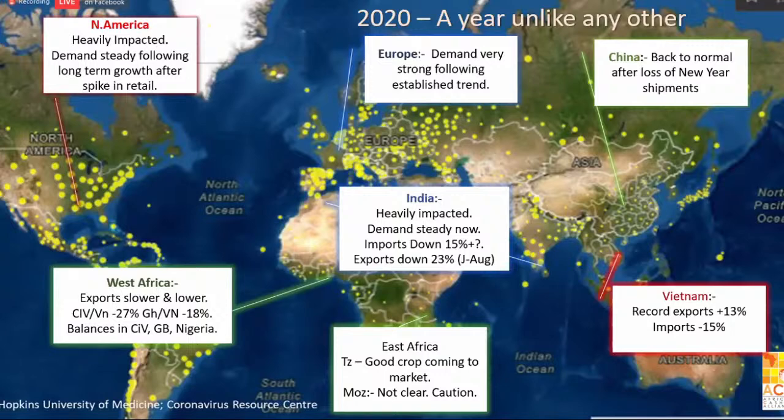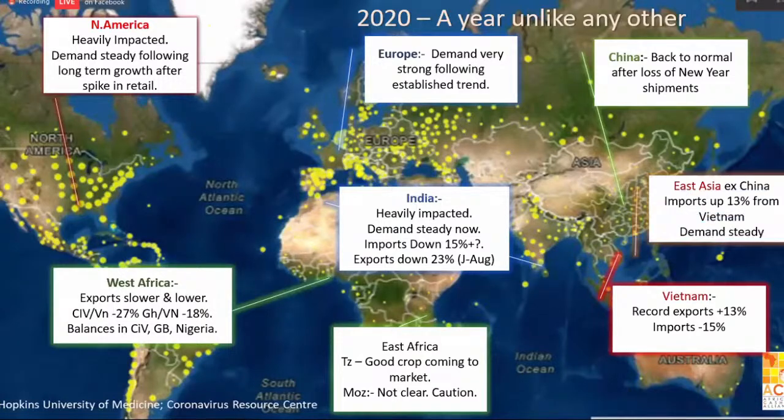You would have to say that US demand has been showing fairly slack growth over the last 5 years, but this year will be different, and we will have to see how that fares next year. Certainly the lower prices will drive demand in the United States. But it may be that the spike in growth rates on cashew consumption in the United States is actually, in contrast to Europe, due to the pandemic conditions.